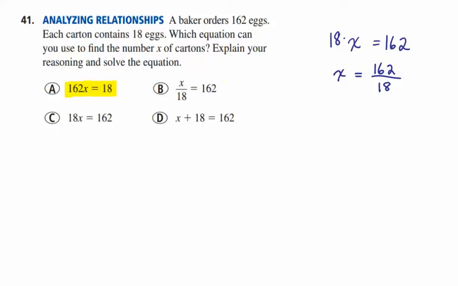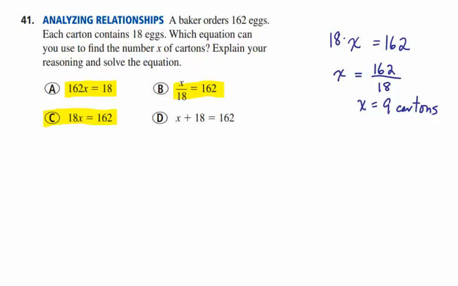So B, we would have the number of cartons divided by 18 would be equal to 162. Now, if we were actually to go ahead and solve either one of our equations on the right side, we would get 162 divided by 18. That would be 9. So, in actuality, there are 9 cartons of eggs here, and if we divided 9 by 18, we should get a half and not 162. So B cannot be the solution to this.